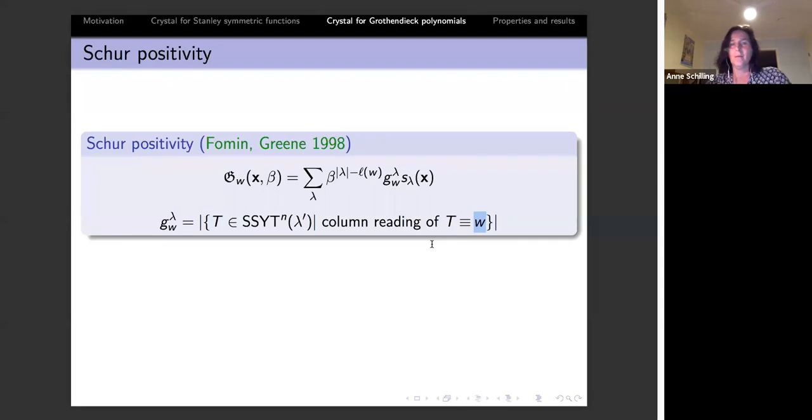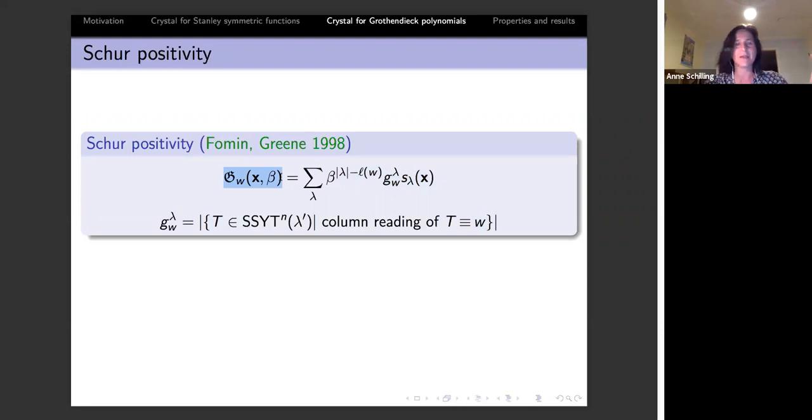And basically what we want to do now is we want to sort of rederive this formula by putting a crystal structure on the objects that define these stable Grothendieck polynomials, namely these decreasing factorizations.